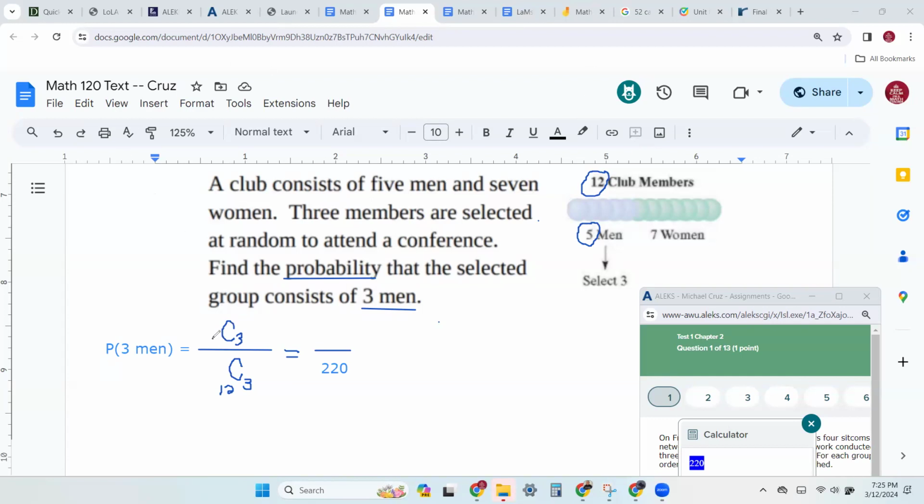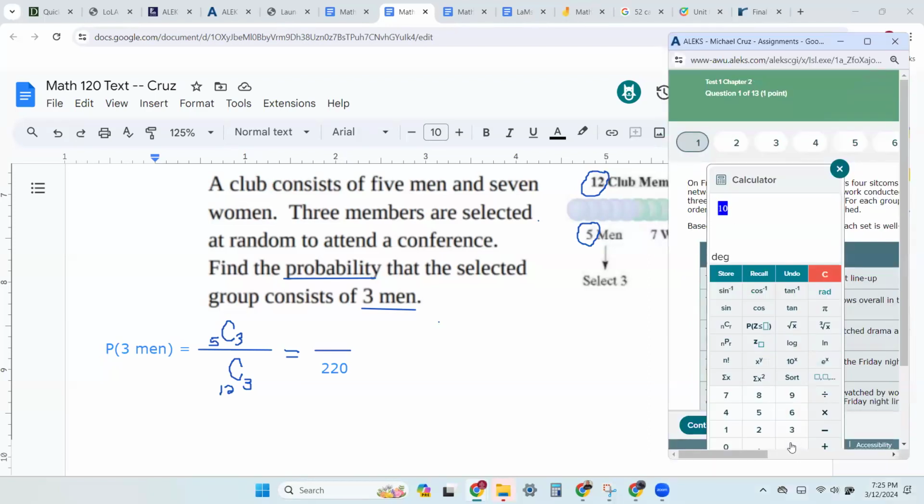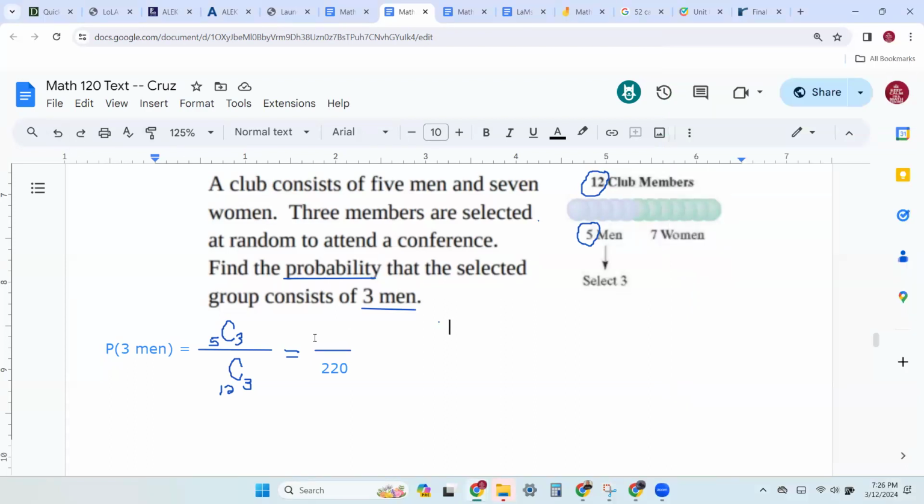So that's what we're solving there. Okay? So now we're going to do 5 C3 equal to 10, and now just simplify that.